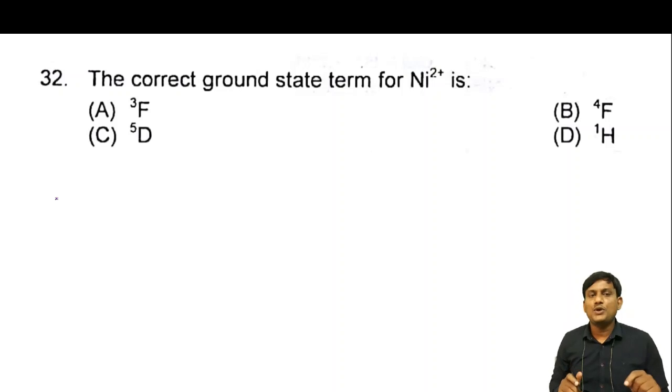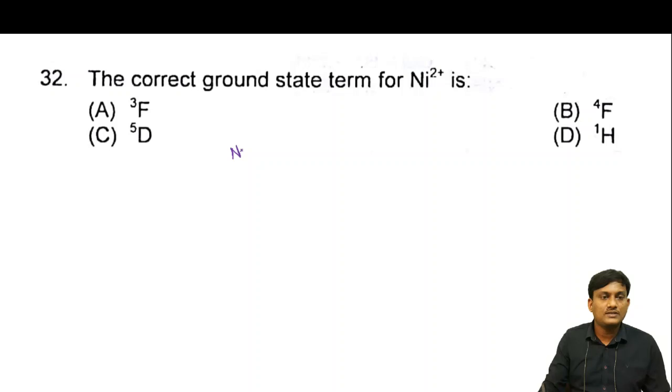The correct ground state term for nickel 2+ is... what is the electronic configuration of nickel 2+? Nickel 2+ is a d8 electronic configuration.